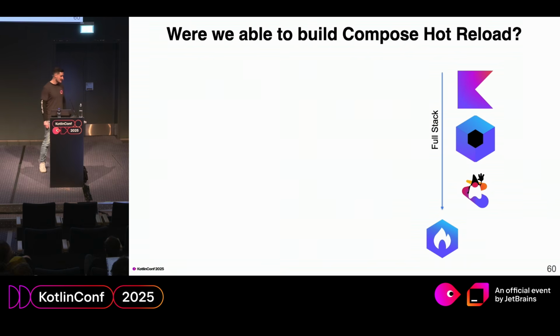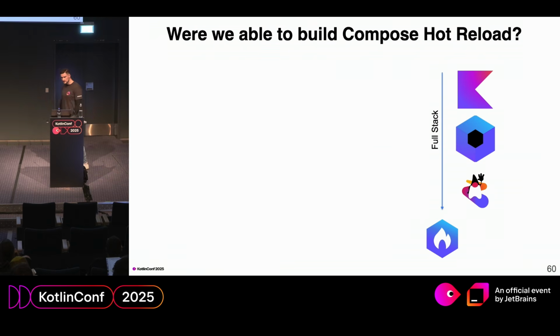And the way that we were able to build this is because of the DCVM. You saw it: the paper was published in 2011, but so far you have not seen that many similar applications of it. And the reason why I think Compose Hot Reload might be a really enjoyable technology in the end is that we were able to contribute throughout the entire stack. We were able to collaborate with the Compose compiler team and the Kotlin backend team.